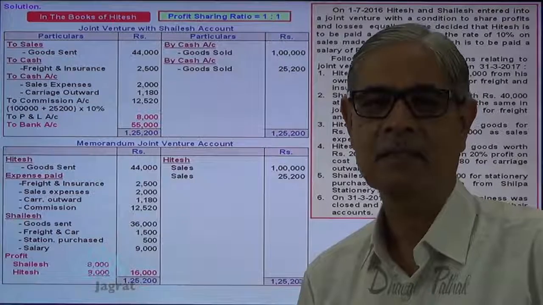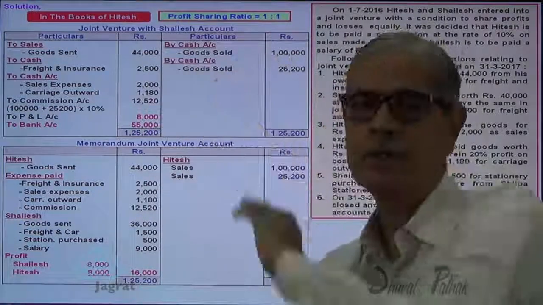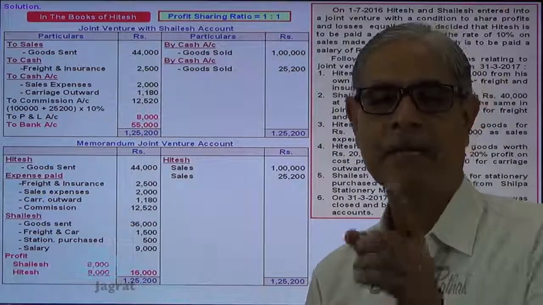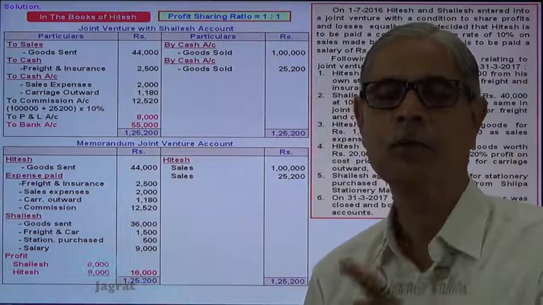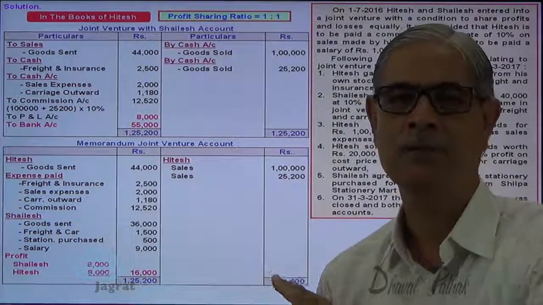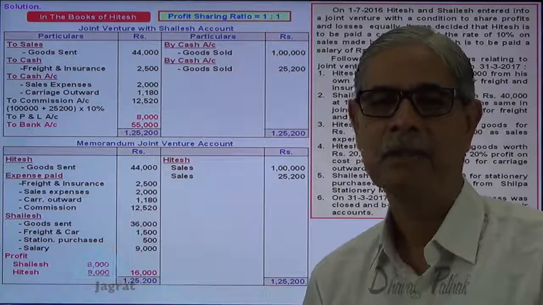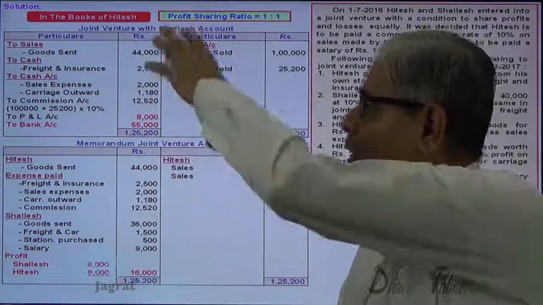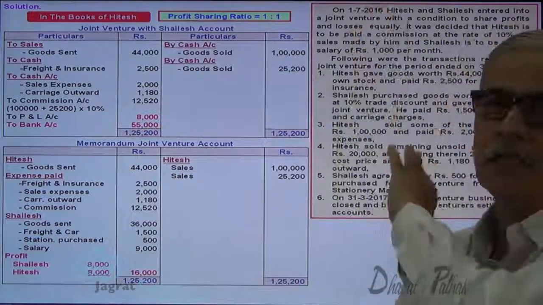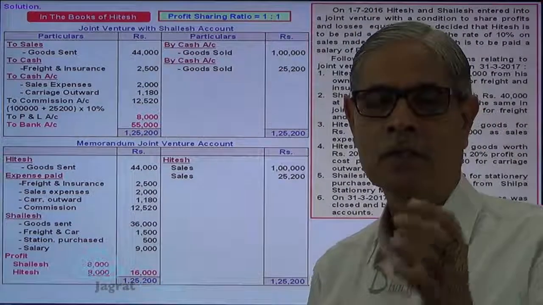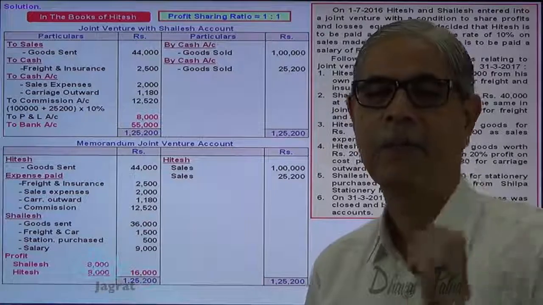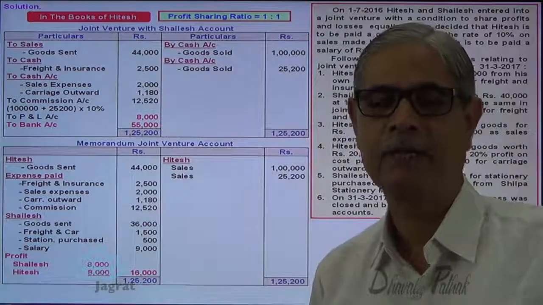After recording the transactions in the books of Hitesh, he prepares the account of Shailesh. Now I want to record all those transactions with which Shailesh is concerned, and just observe how I record all these details, considering the modus operandi of preparation of the Memorandum Joint Venture account.